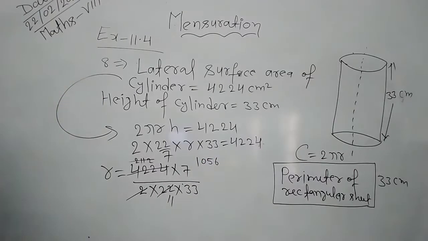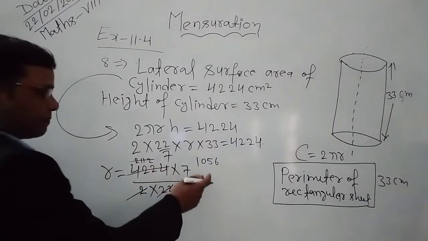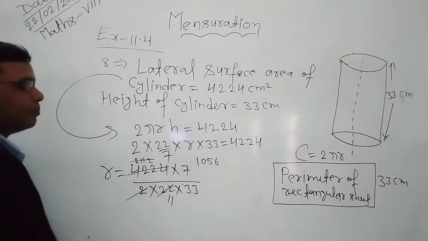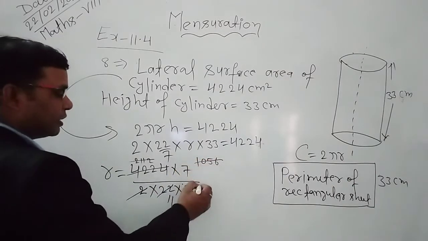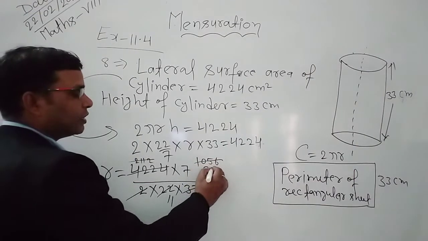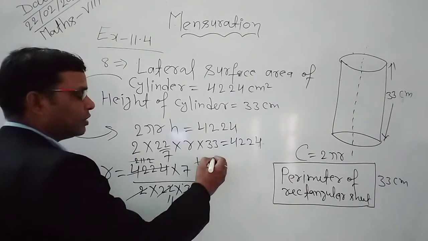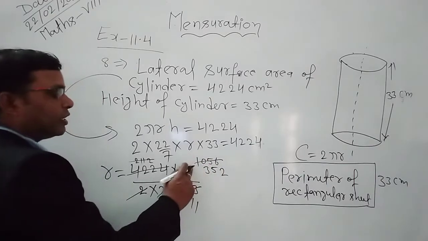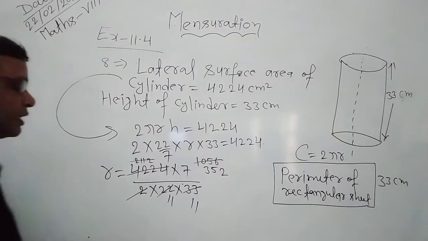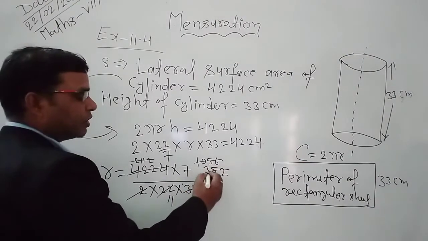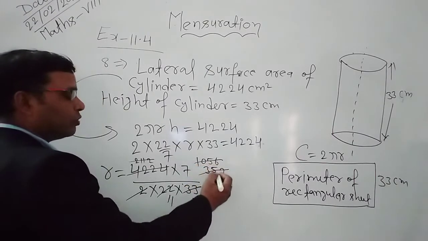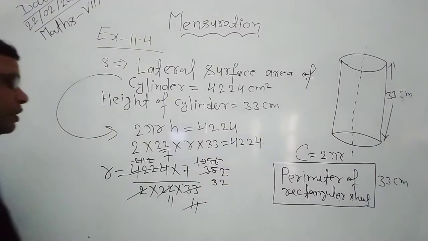Clear? And again you can cancel it by 3, then you get 3, 11, and here you get 3 3 is 9, 3 5 is 15, 3 2 is 6. Now you can cancel it by 11, then 3 11 is 33, and 2 into 2 is 22. Clear?